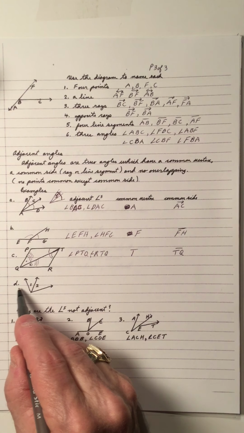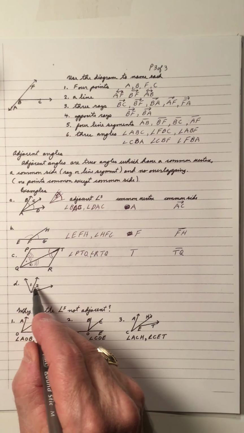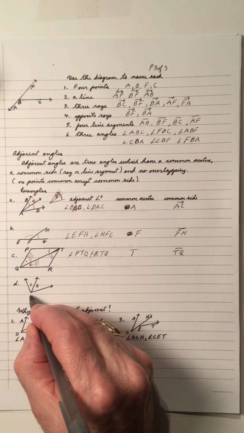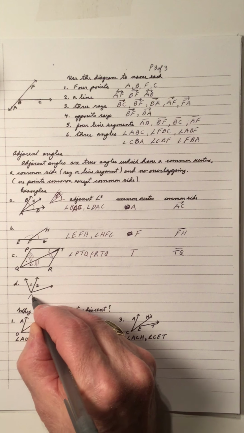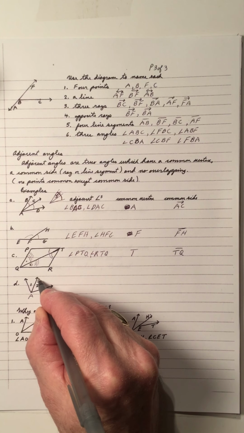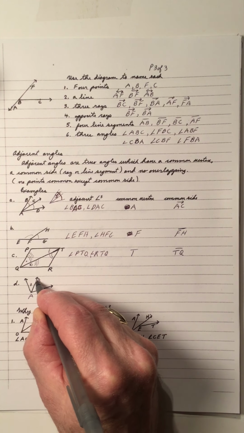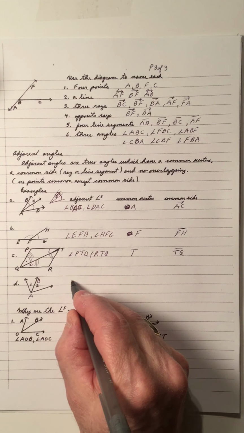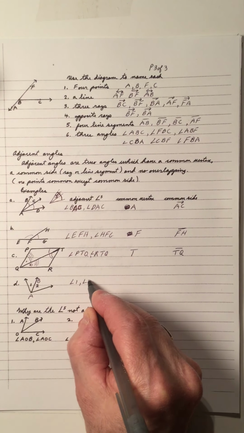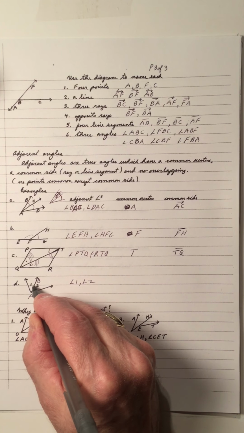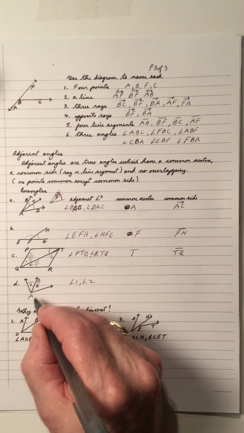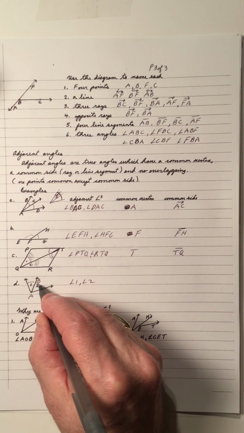And down here, adjacent angles, 1 and 2. So if I want to put an A there and a B there, I do that because I have to name this ray. So if I say angle 1 and angle 2 are adjacent, when I say angle 1, I mean that angle there. When I say angle 2, I mean that one there.